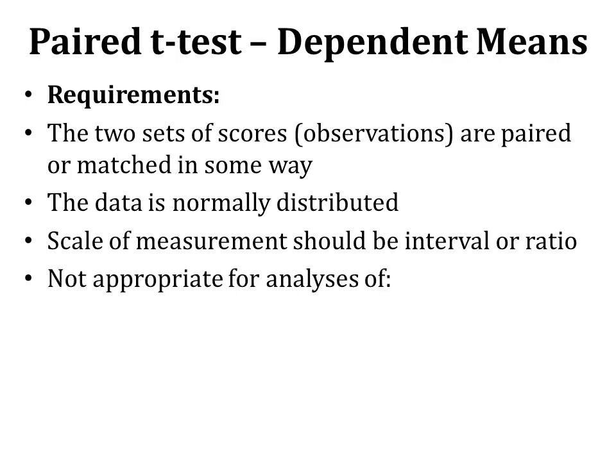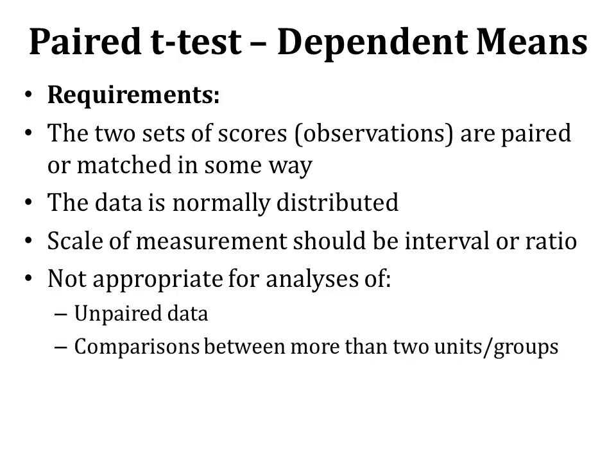And this paired t-test is not appropriate for analysis of unpaired data. If you have two groups and you want to compare their mean values, and the observations are not paired, then you can apply the t-test for independent means. You cannot use the paired t-test for that purpose.